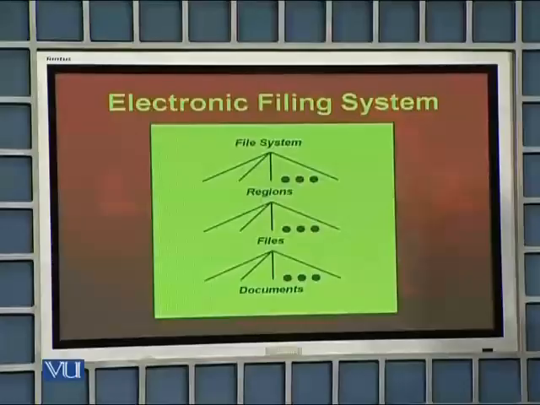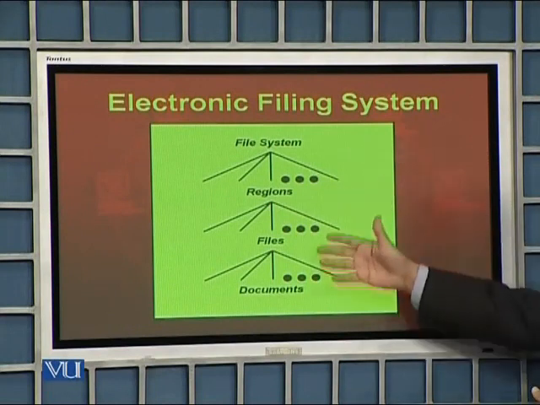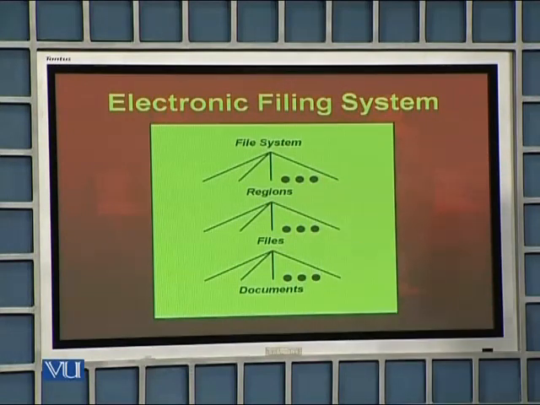Let me first show you what this filing system is all about. Here is a generic view of the filing system. We have a hierarchical structure here. We have the file system, and inside the file system, your system is divided into regions.